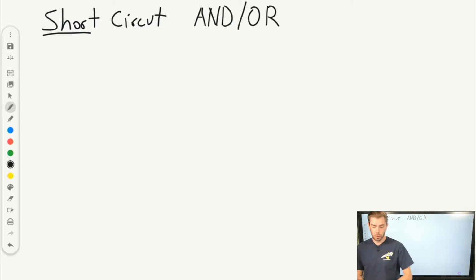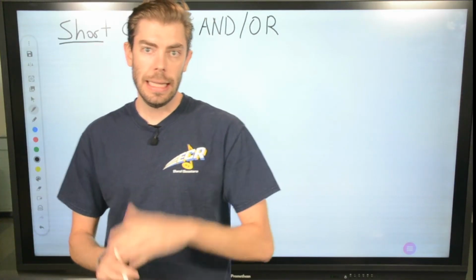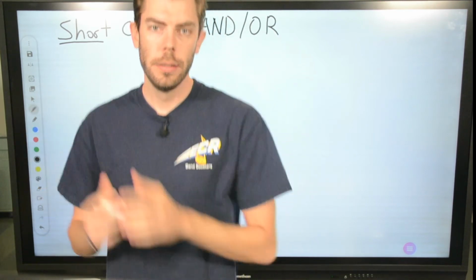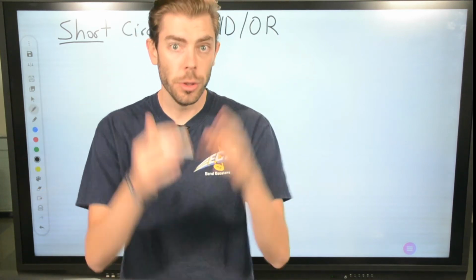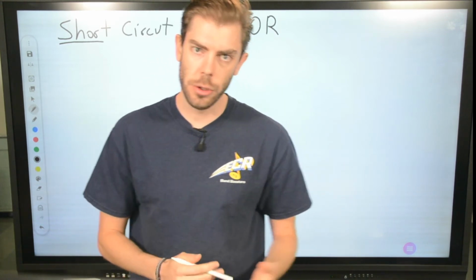If I told you that your grade was dependent on either showing up to class or doing the assignments, would you do both? No, you'd pick one and only do that one.